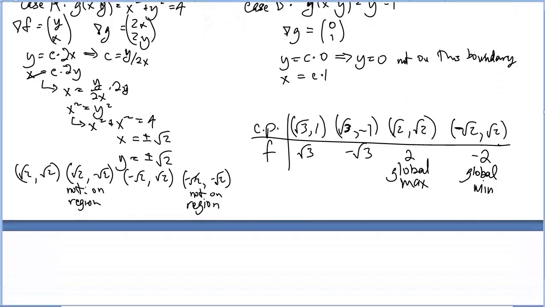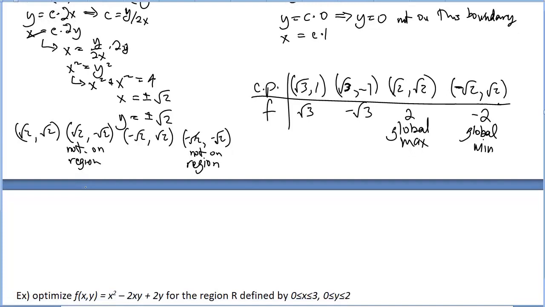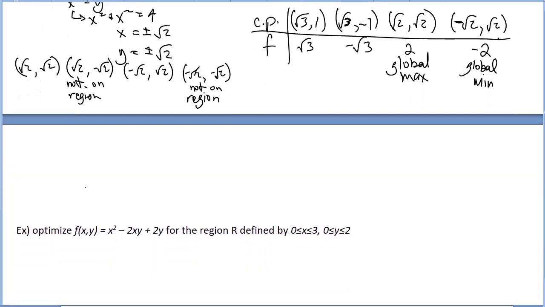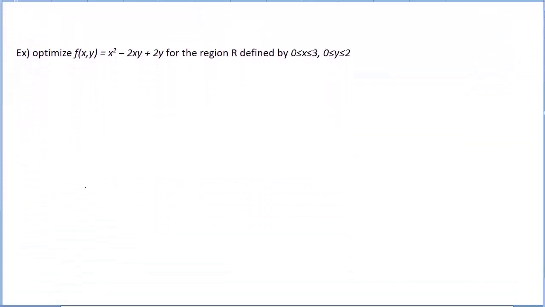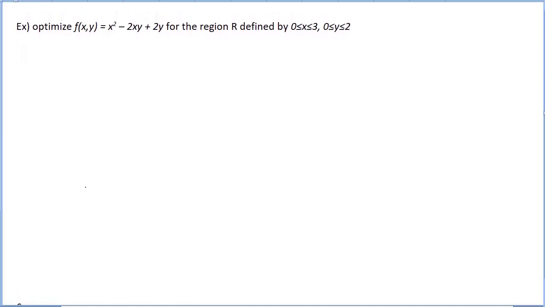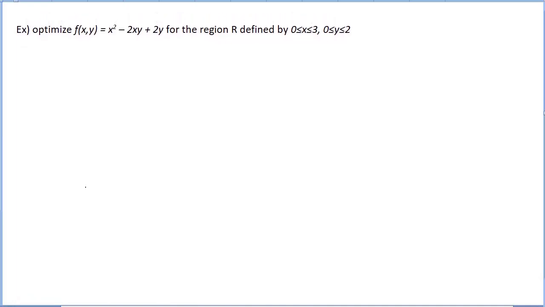We're going to look at one more case. So optimize this function, f equals x squared minus 2xy plus 2y, for this region, defined like this. X is between 0 and 3, and y is between 0 and 2.